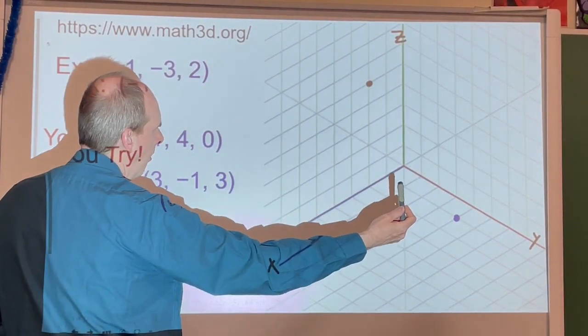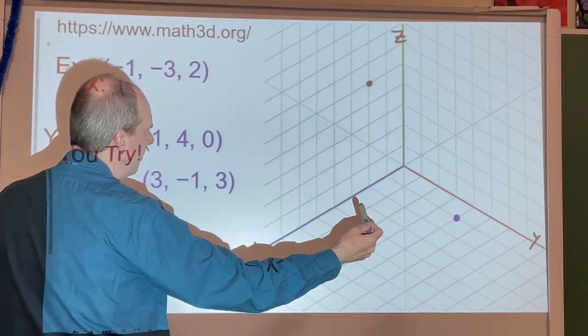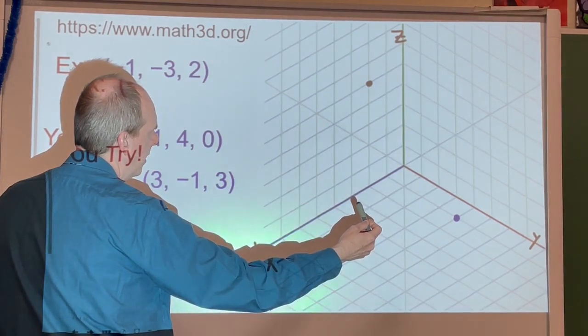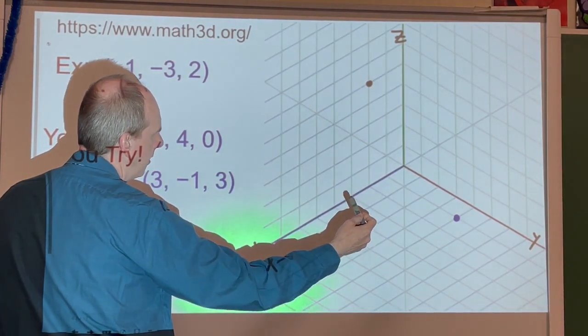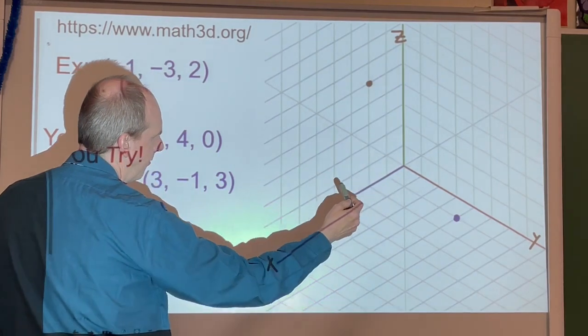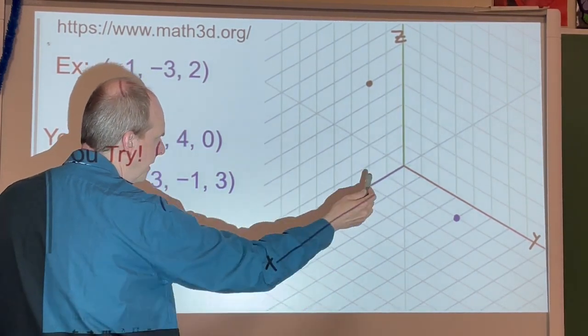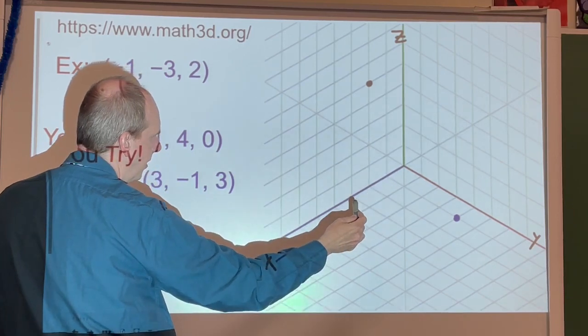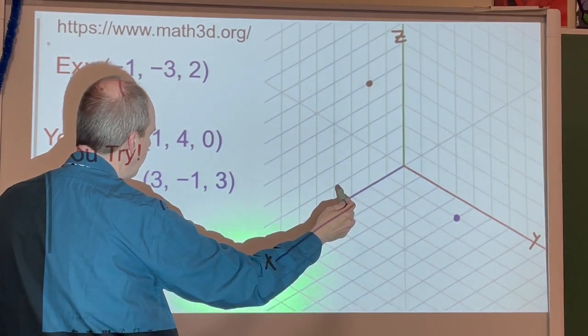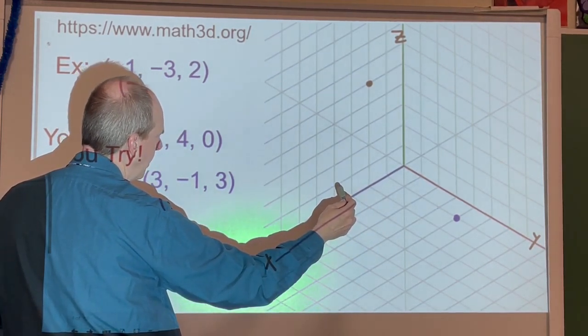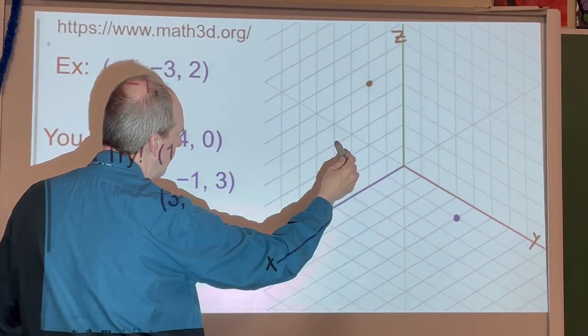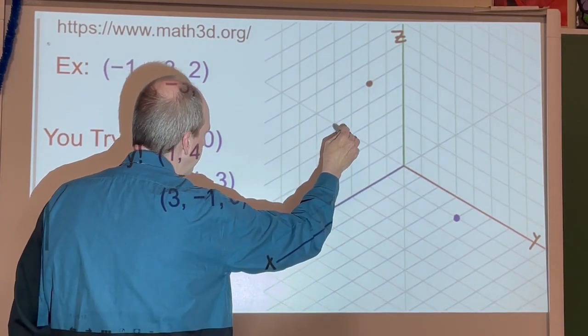So coming 1, 2, 3 units here, going left 1 unit to the -y. This would be your -1, this would be -2, -3, and so forth. So 1, 2, 3 over here, and then up 3. 1, 2, 3. Puts me somewhere in here.